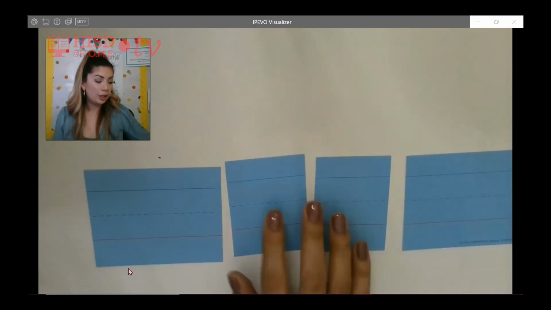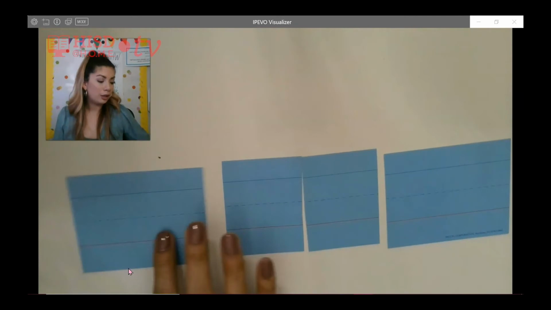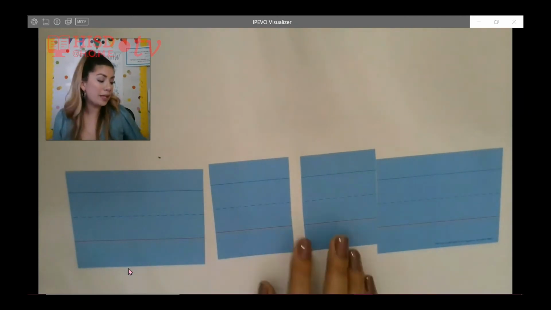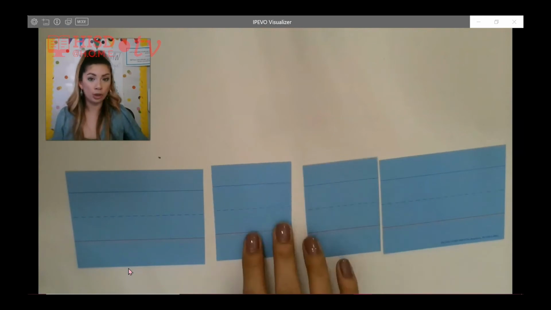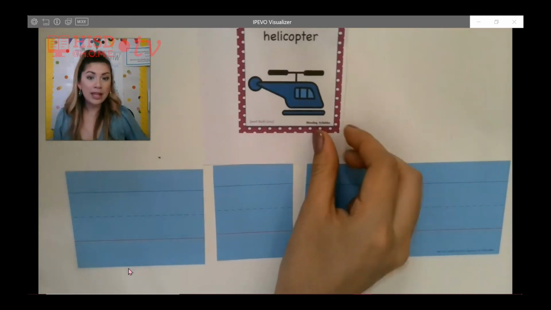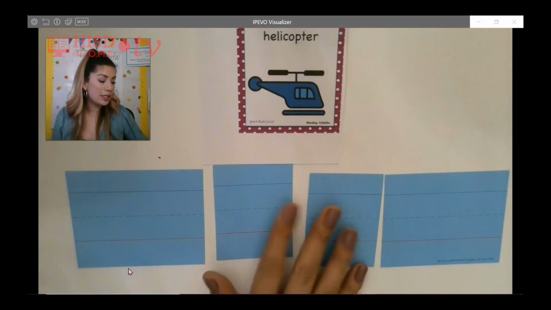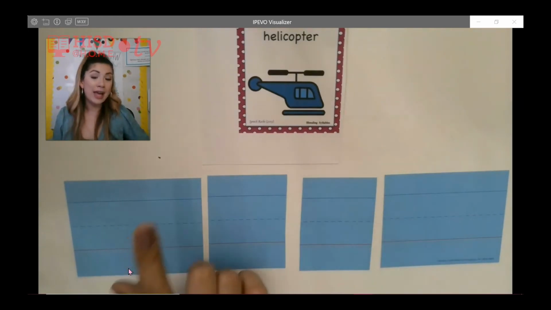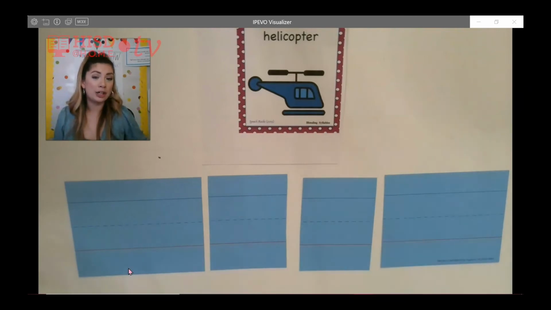How many syllables are in the word helicopter? Helicopter has 4 syllables. 1, 2, 3, 4.